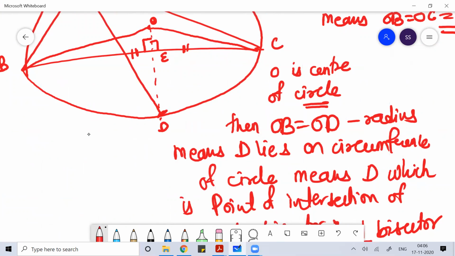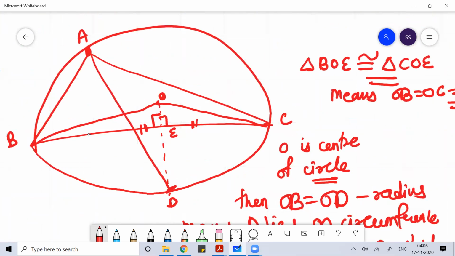The point where all the perpendicular bisectors meet is called the circumcenter, and the point where all the angle bisectors of the triangle meet is the incenter.